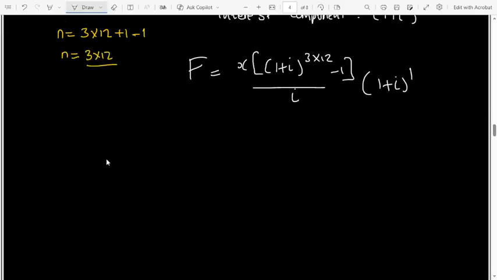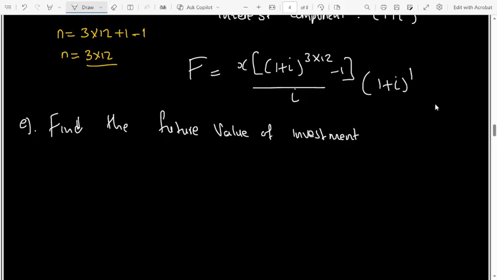Let's say that we need to find the future value of the investment.